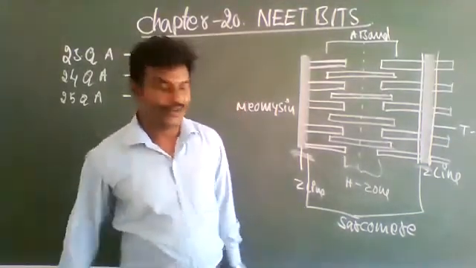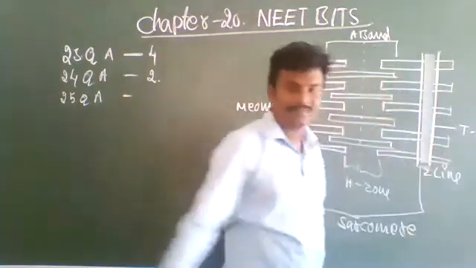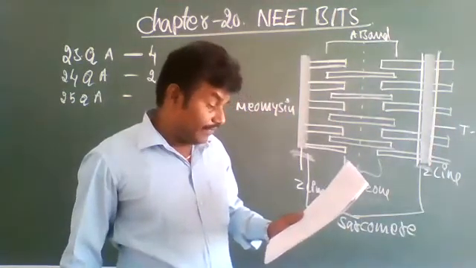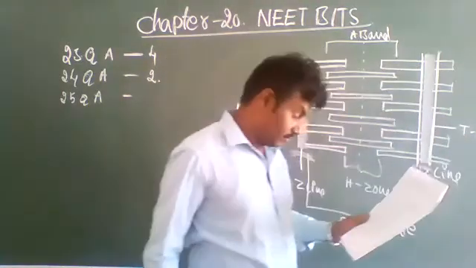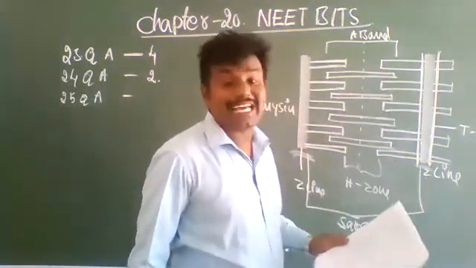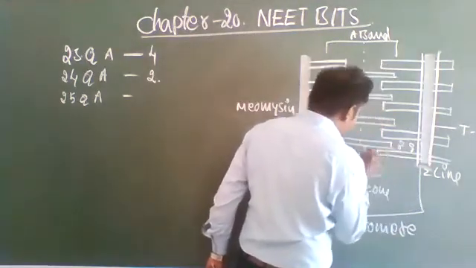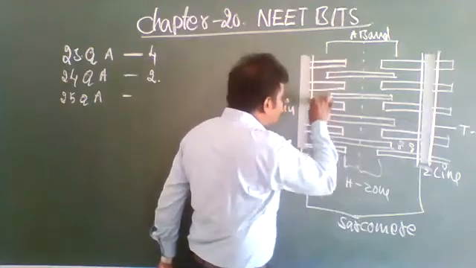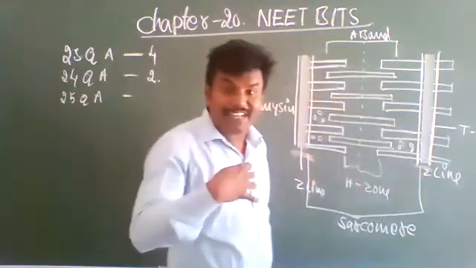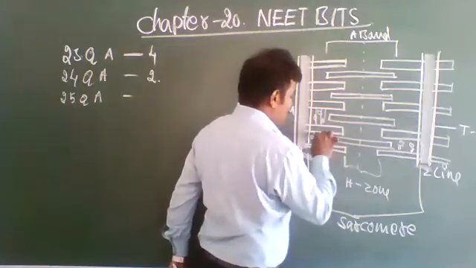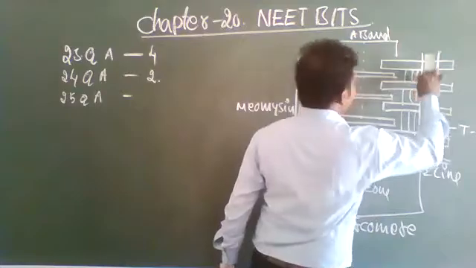Question: the protein which relays impulse from T tubules to the sarcoplasmic reticulum. These are called sarcoplasmic reticulum. Here also T tubules are present. For our convenience, like this I am drawing the sarcoplasmic reticulum.